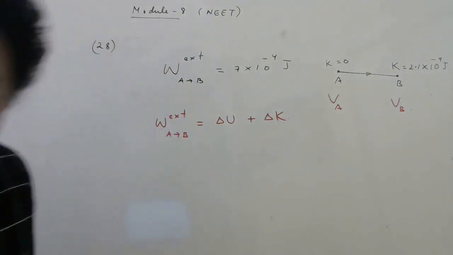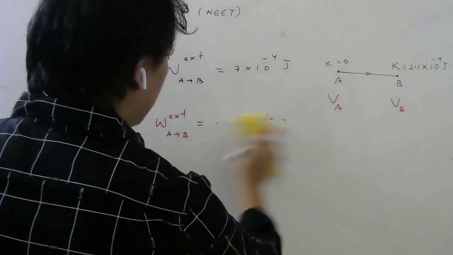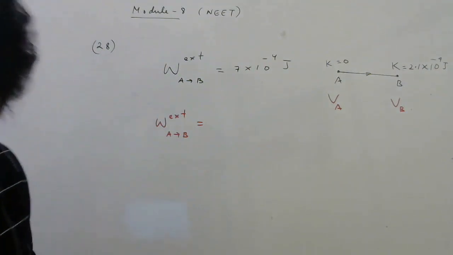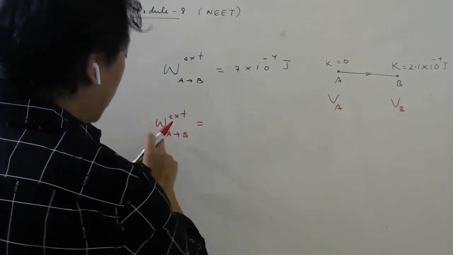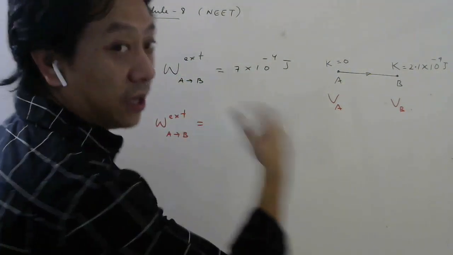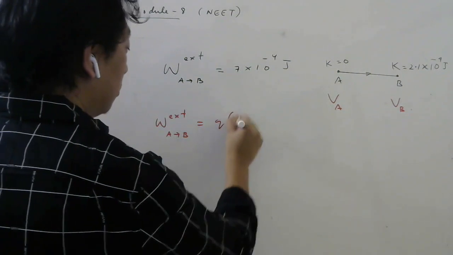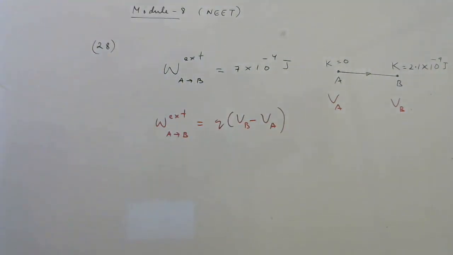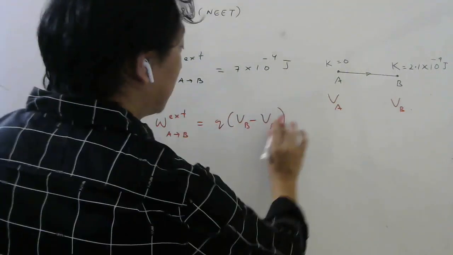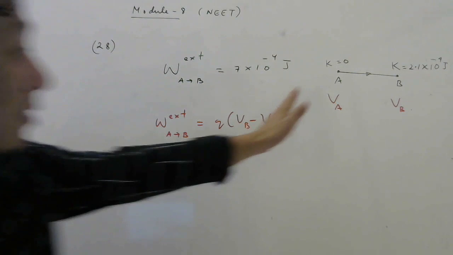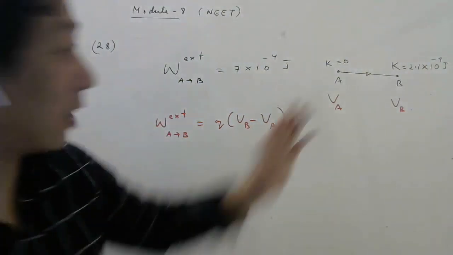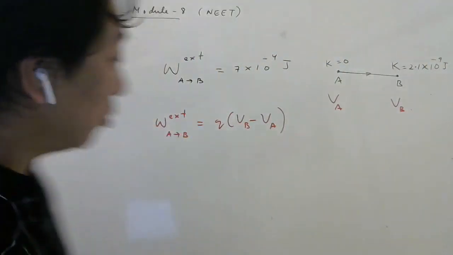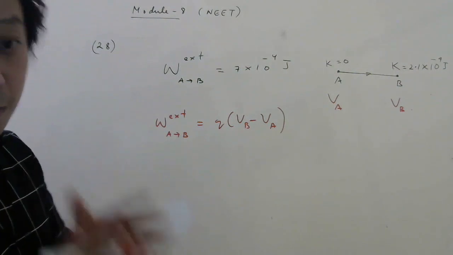Usually, if you remember, in our board syllabus when we were solving problems to calculate work done from A to B for any charge, we used to write Q into VB minus VA. Yes or no? Check the formulas, you will find this formula. But this is always done with the assumption that we move the charge slowly. In this case, the charge is not moved slowly because kinetic energy has increased. So you should now use the work energy theorem more properly.